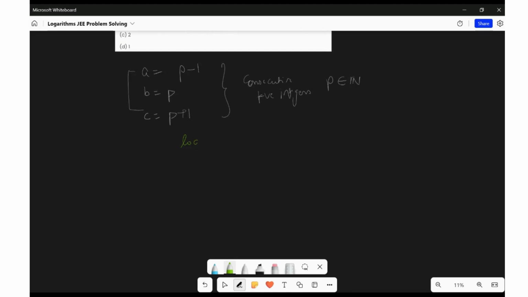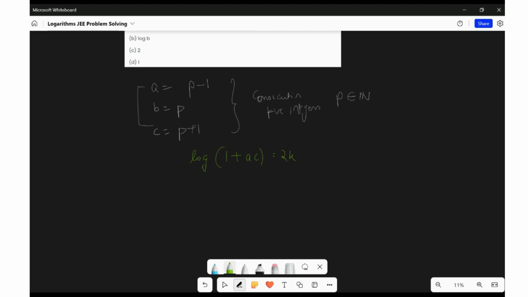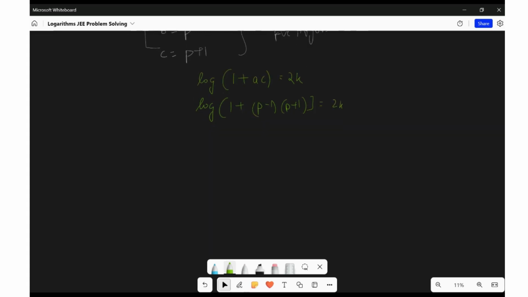Now we are given that log of 1 plus ac is what? 2k. Now log of 1 plus p minus 1 into p plus 1 is equal to 2k. Now it's the identity of a minus b and a plus b. So it will be log of 1 plus p square minus 1, right? Which is equal to 2k.